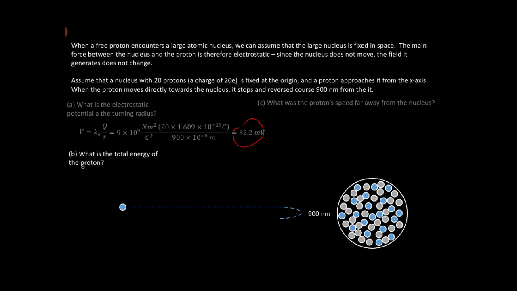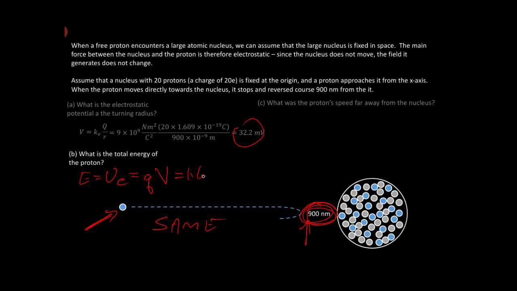So we want to find the total energy of the proton. Well, the thing is it's the same everywhere, right? It's the same number here as it is right here, and we have the information to figure it out right here. So the energy is just the electrostatic potential energy at this point, which is Q times V, which we showed earlier.